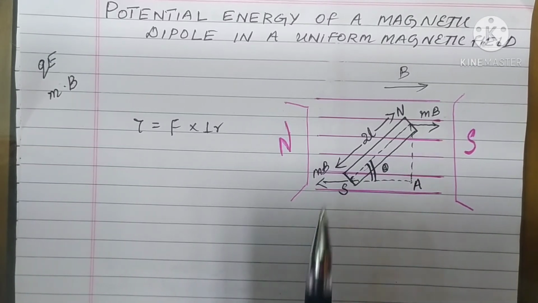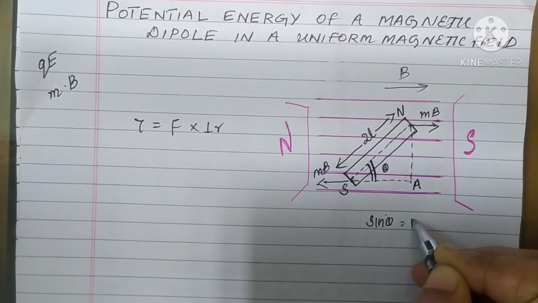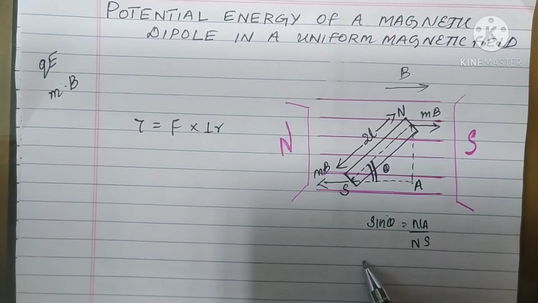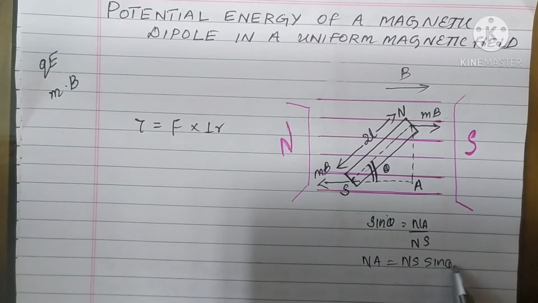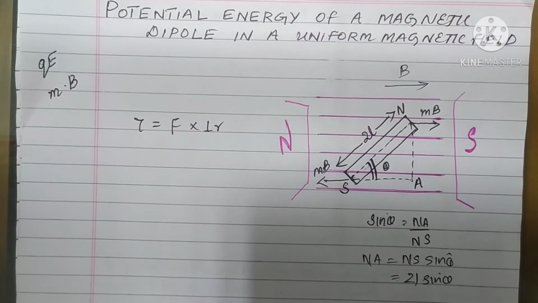Opposite side by hypotenuse. So I can write here sine theta equal to NA by NS, or you want to find NA equal to NS into sine theta, or 2L into sine theta. NS is 2L, isn't it?